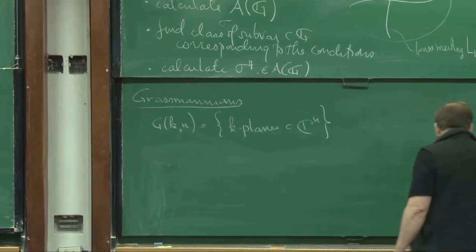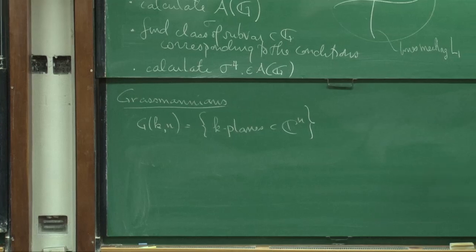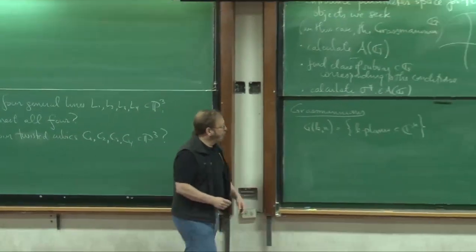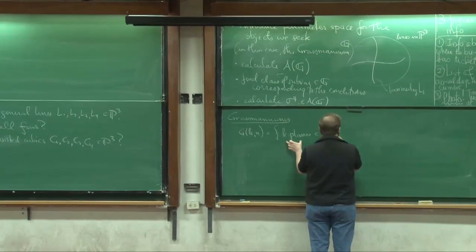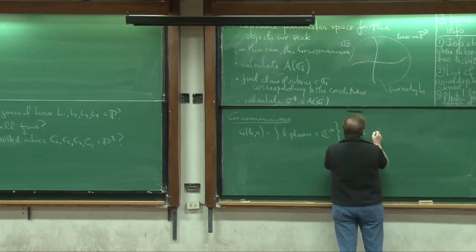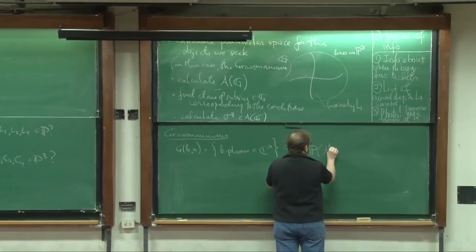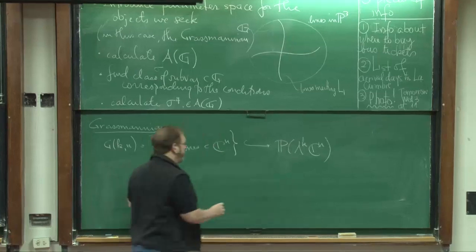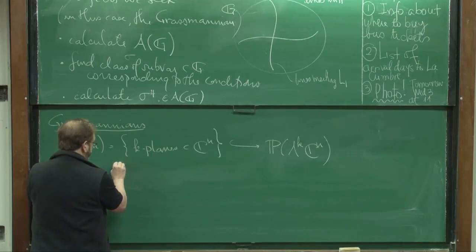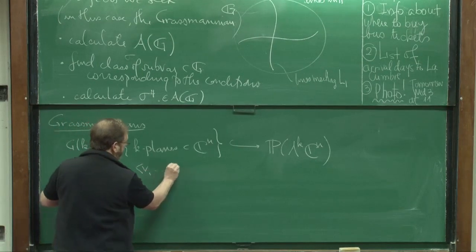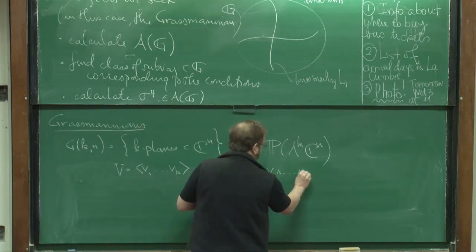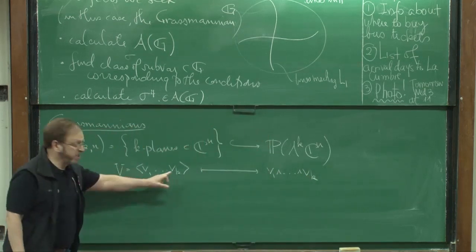Okay, so this is a priori just a set. In order to give it the structure of a variety, and it has one in a natural way, what I'm going to do is look at the Plücker embedding. So I'm going to think of this as a set, and embed it as a subset of the projectivization of the kth exterior power of C^n. This map, again just a set map for now, sends a subspace V, the span of vectors v1 up to vk, to the wedge product of these basis vectors.